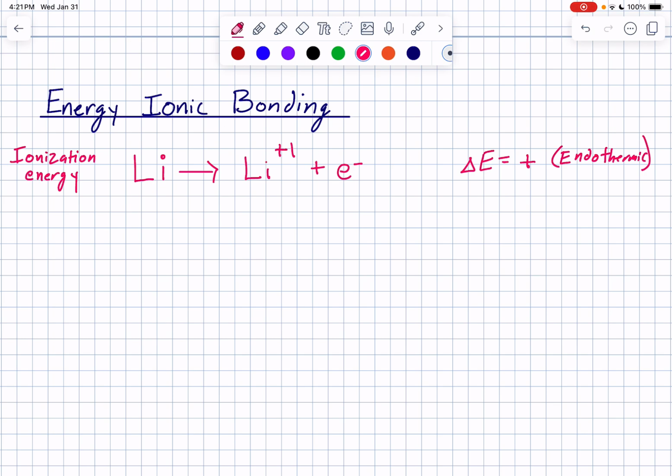Going back to our definition from before about bonding, our potential energy decreases as we form bonds. And so here, I'm going to separate this bond.